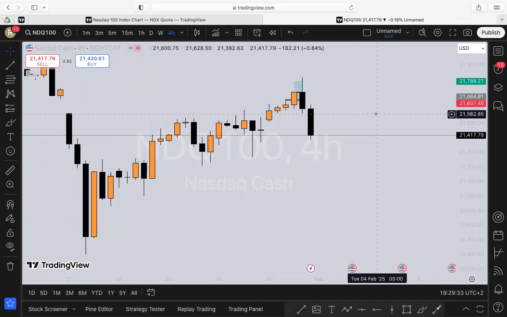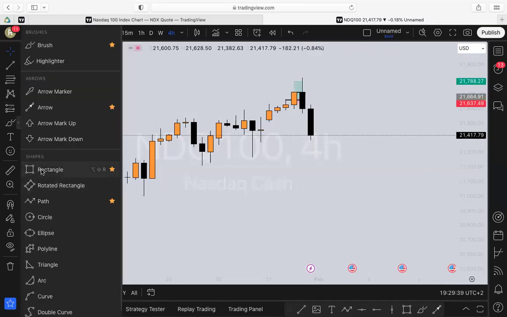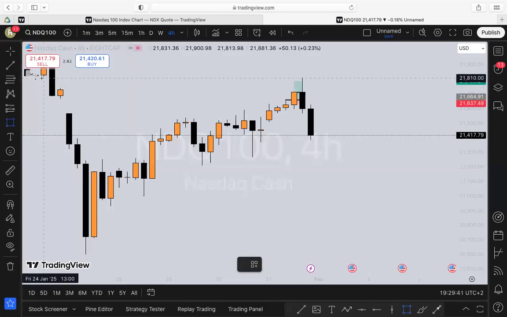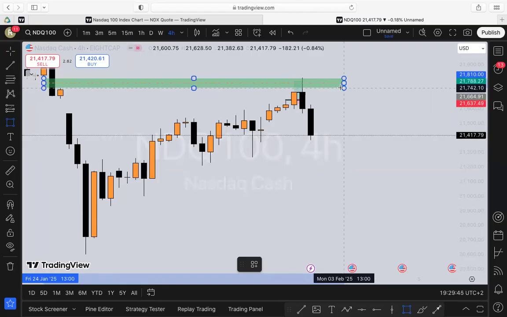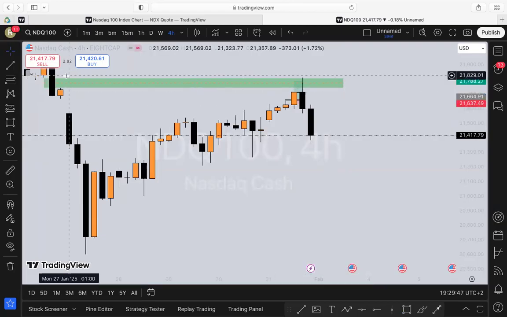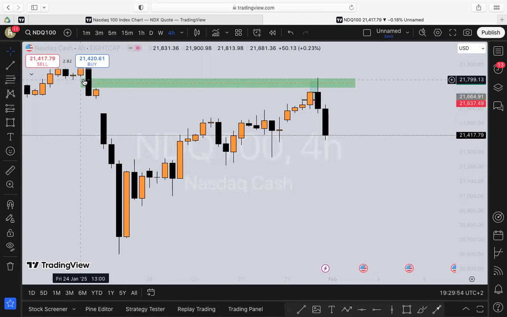So by entering here, you aim at this FVG here, you put your TP here. I like it when you put it on 50% of the FVG. Don't be too greedy and put it on top at the closing of an FVG like this. I know it reached there, it filled the whole FVG, I know, but at least put it on 50% so that you can be on the safe side.